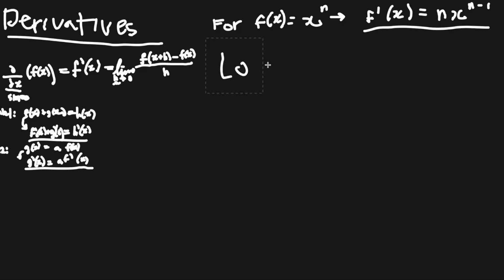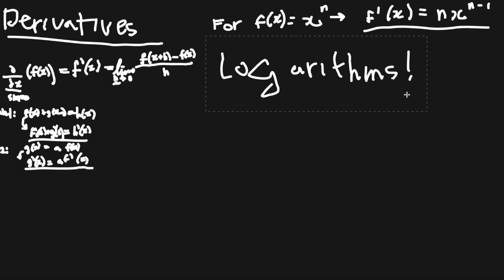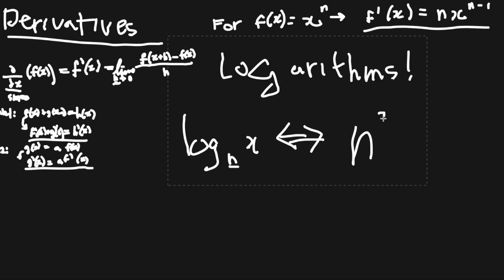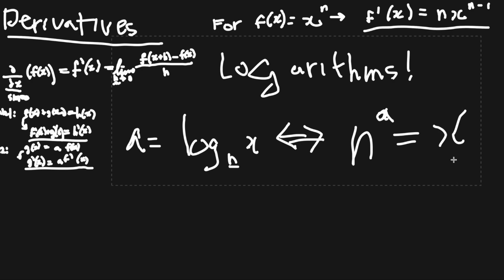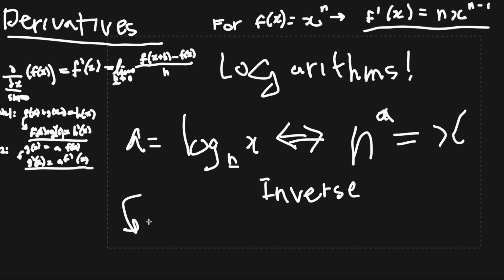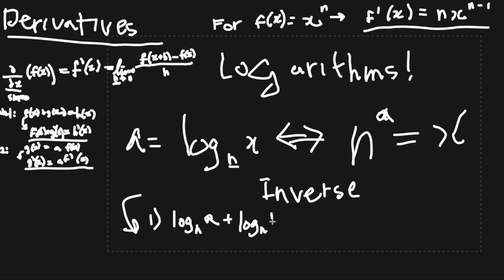Well, enter logarithms. Using information about exponents and exponential functions along with inverse functions, we can define logarithms. A logarithm of base n of x is the inverse function of n to the x. From this, we can derive some useful properties. For example, log base n of a plus log base n of b equals log base n of a times b.